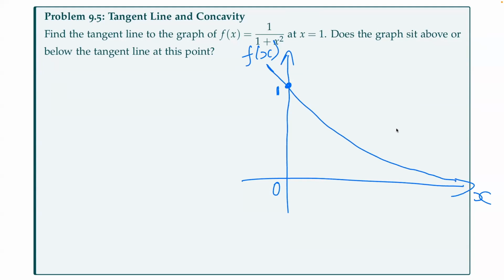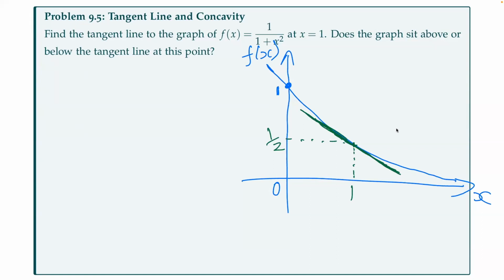Okay, so when x is equal to 1, f of x is 1 over 1 plus 1 squared, so a half. So this is the point I care about here. x is 1, f of x is going to be a half. Now we can already tell that if I was to draw my tangent line and extend it out, it is going to be below this axis.